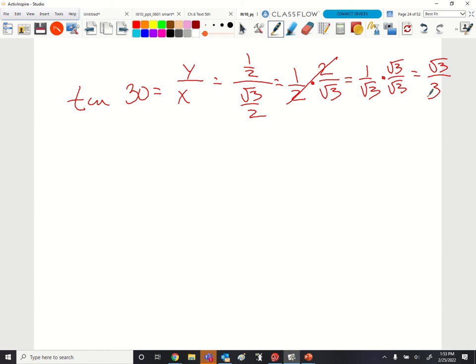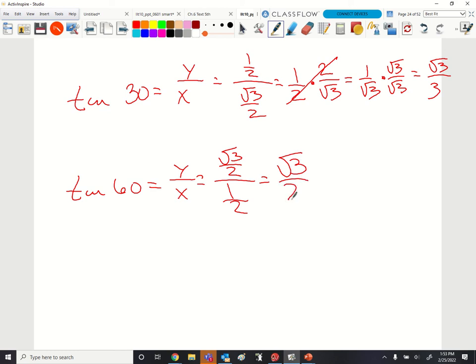And what about 60? If it was tangent of 60, if you notice, I'm not doing inverses. I'm just helping you get the value that you're looking for to find the angle that goes with it. So again, y over x, which is rad 3 over 2 divided by 1/2.